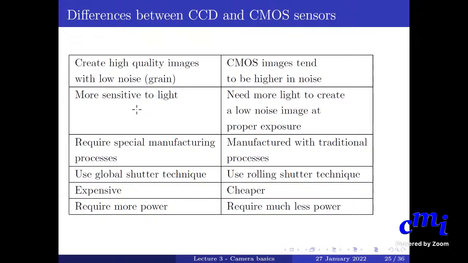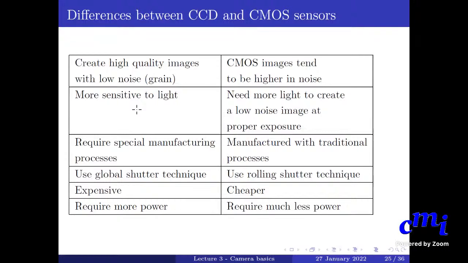Then you need to request whoever the client is to take the images in a different way. You need to tell them sometimes that if this is done this way, we can obtain better results at the end of the pipeline. So these kinds of things are always useful to know.